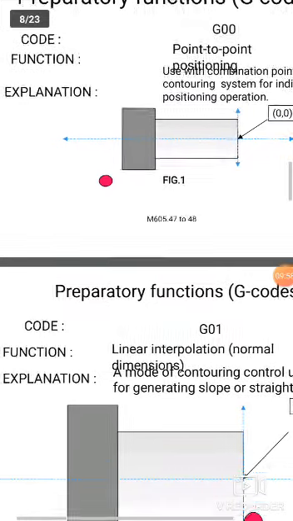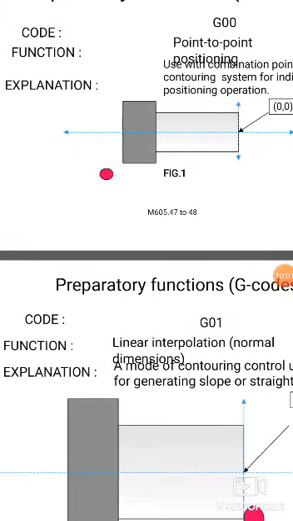That is G00. Next, G01, what is the function? G01 function is linear interpolation, normal dimension. Linear interpolation means moving in a straight line. G01 means moving in a straight line. The machine moves the tool through the material and applies various types of cutting.